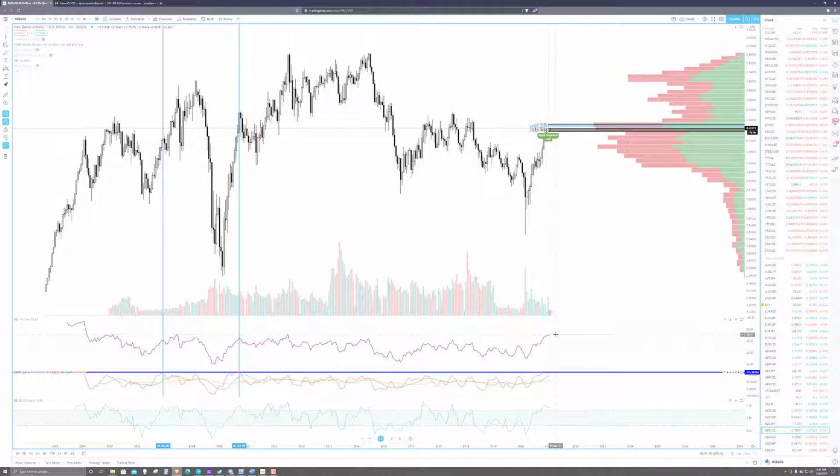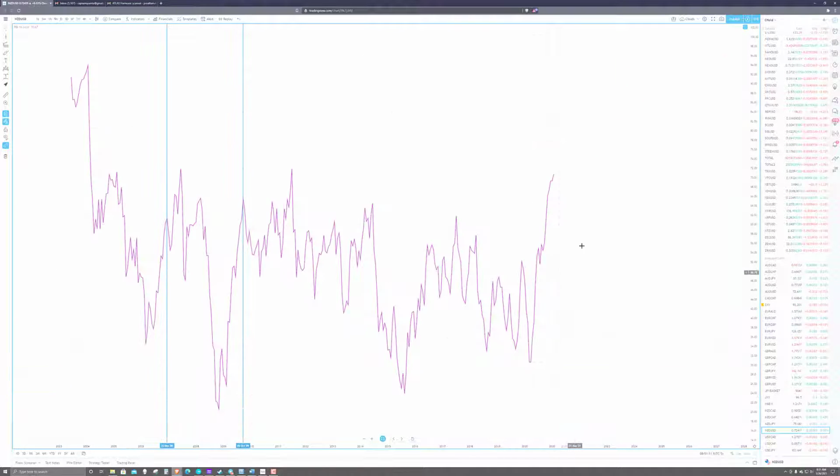This is a fairly high RSI reading. So just be on the lookout for that, be aware of that, and pay special attention. The RSI level itself, we are near some historical resistance zones. So just be aware of that and watch out.